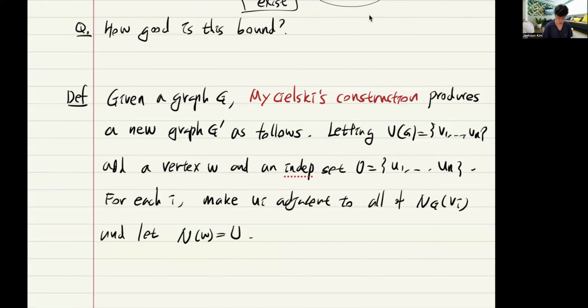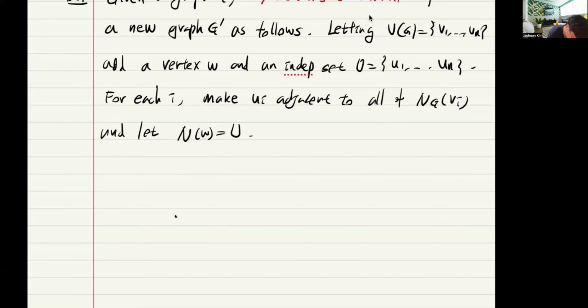So this is a construction that produces a new graph from a given old graph. For example, what do you get if you apply this to, say, a cycle of length 5? V1, V2, V3, V4, V5.